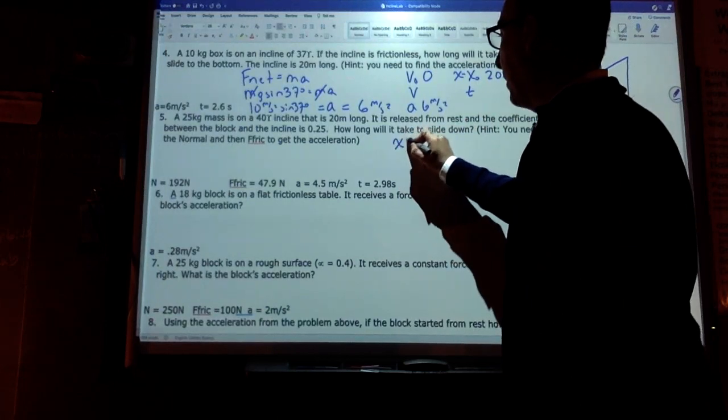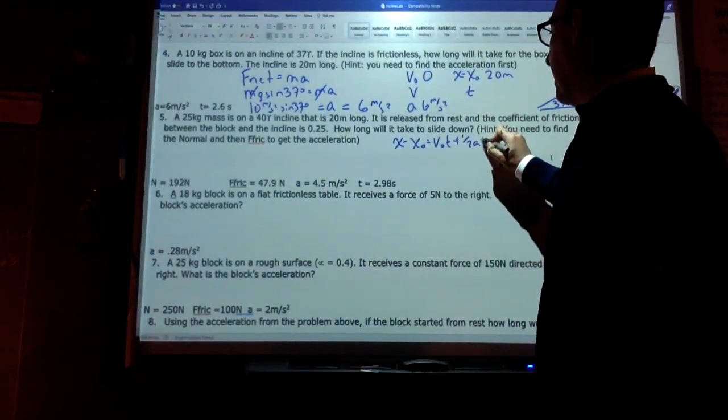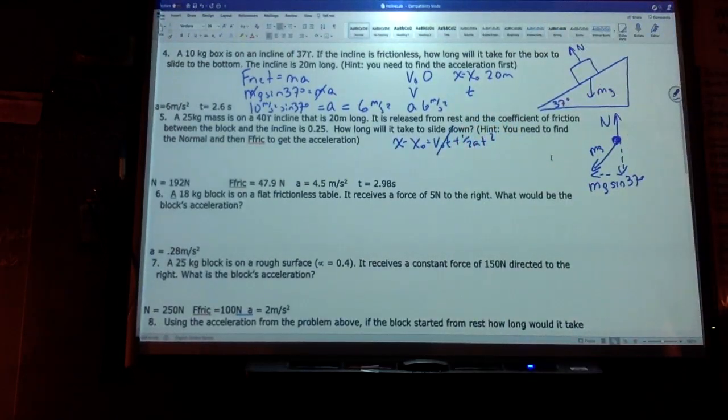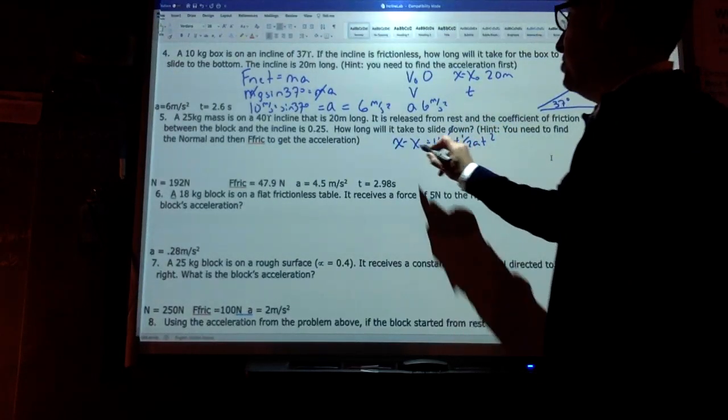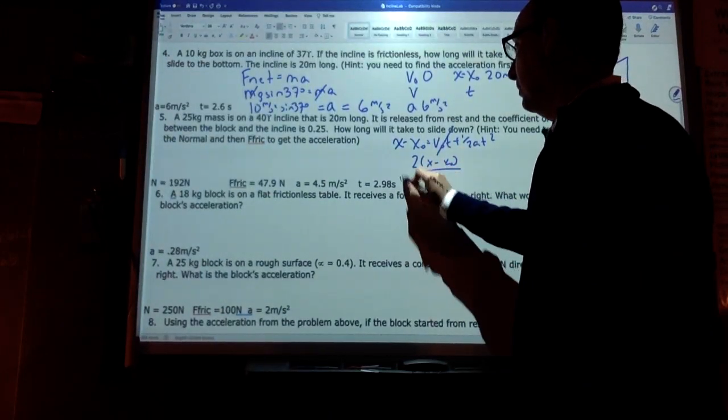So if I look at my x minus x naught equals v naught t plus 1/2 at squared, that cancels out. I'm going to multiply by 2, divide by a, and square root.